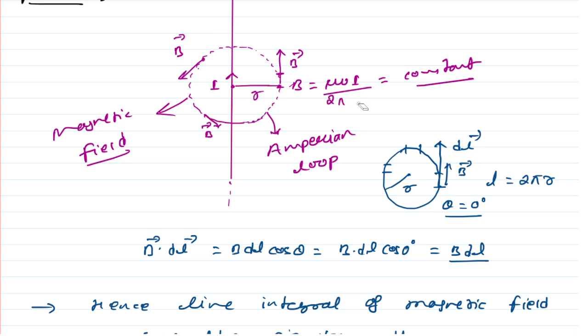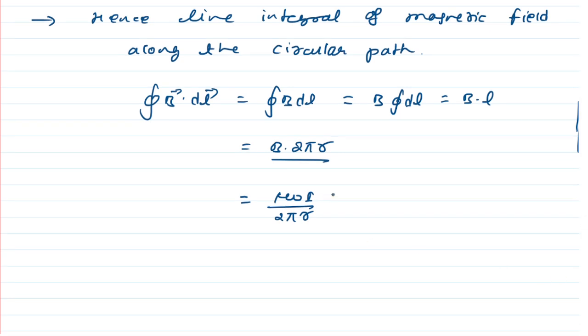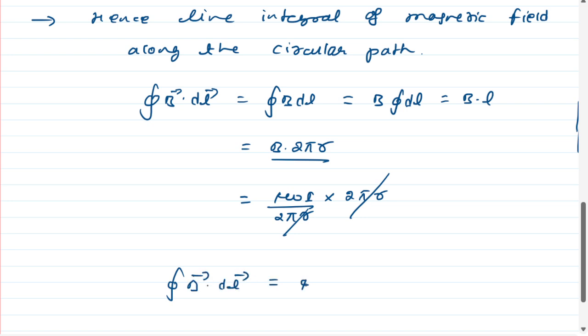If we take the distance from the wire as r, the magnetic field due to this infinitely long wire at radial distance r is mu naught I by 2 pi r, multiplied by 2 pi r. So the 2 pi r terms cancel out, and finally we get the closed integral of B dot dl equal to mu naught into I. This is the proof of Ampere's circuital law.